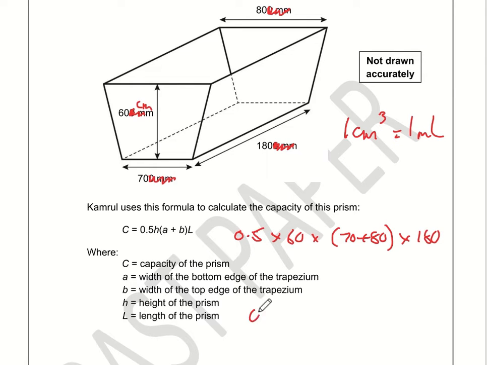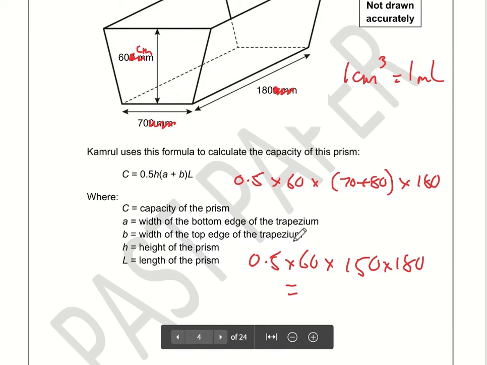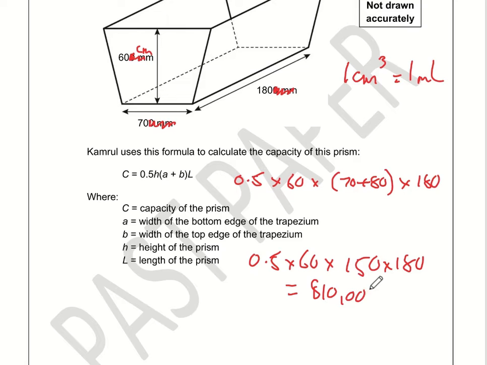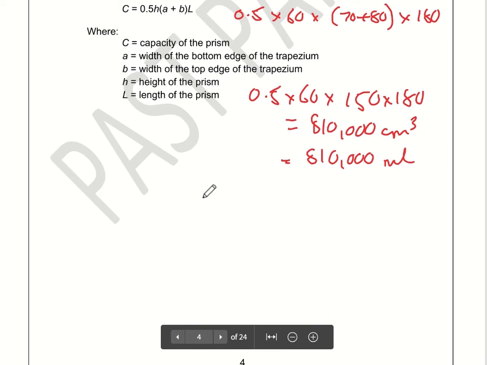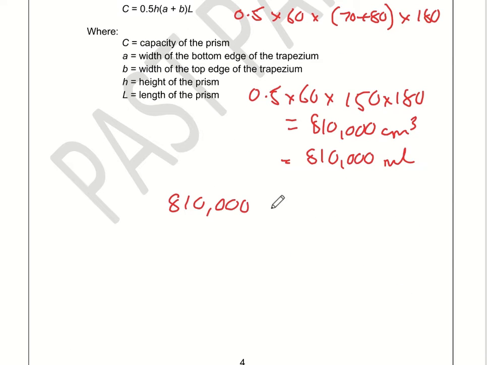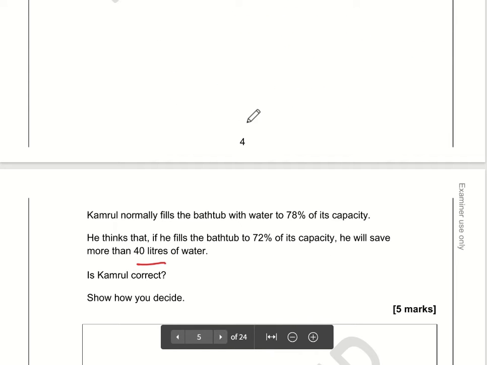So the calculation is now 0.5 times 60 times 150 times 180, and that comes to 810,000 cubic centimetres. That is 810,000 millilitres. I can turn this into litres by dividing by 1,000. So 810,000 divided by 1,000 is 810 litres.